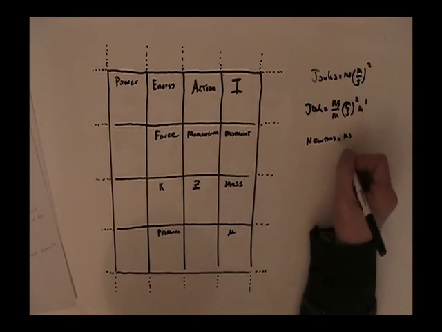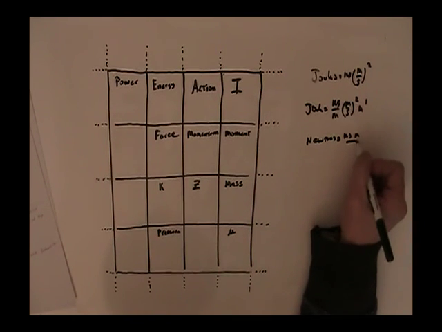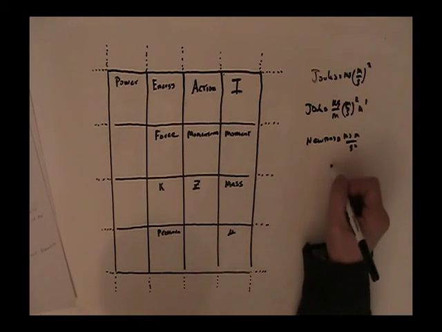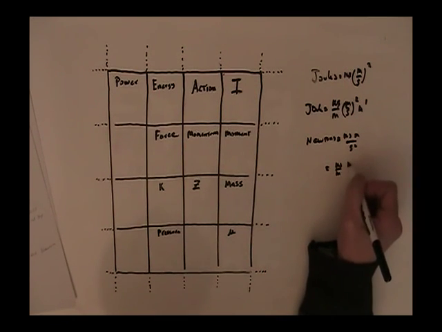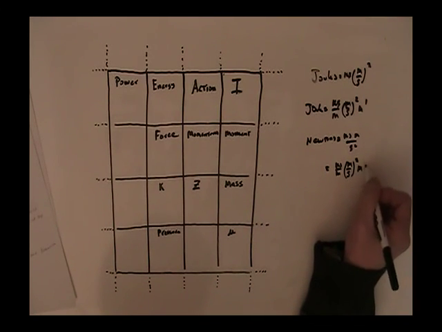This starts at meters squared, so the next one down would be meters to the 1st. And then meters to the 0, then meters to the -1.